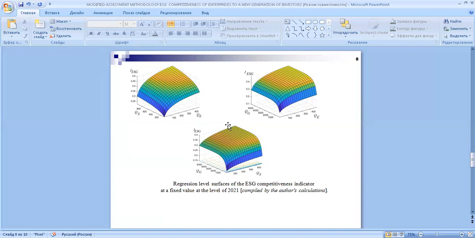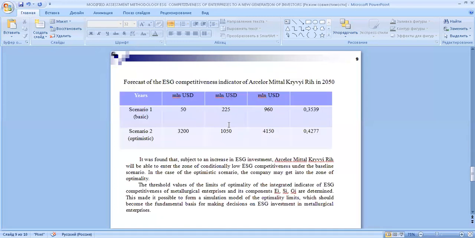The forecast of the ESG competitiveness indicator of ArcelorMittal Kryvyi Rih in 2050 year is shown on the slide number 9. And you can see the scenario 1, basic scenario, and scenario 2, the optimistic scenario.